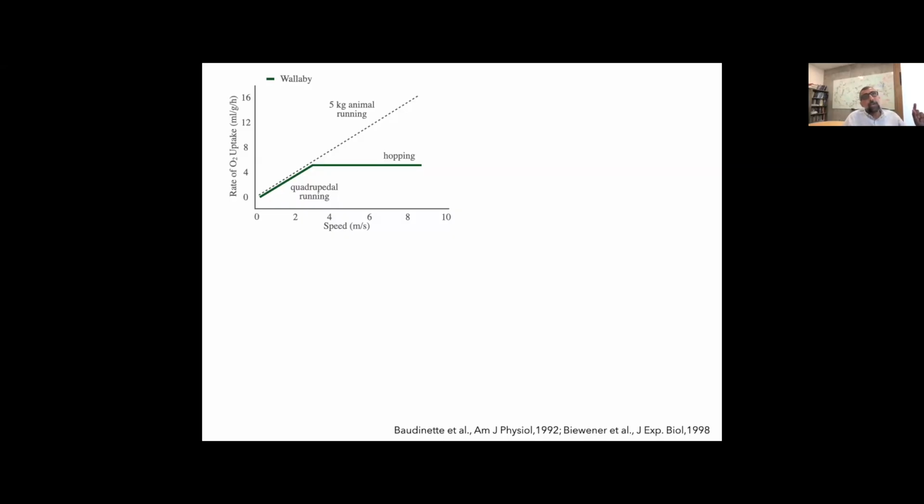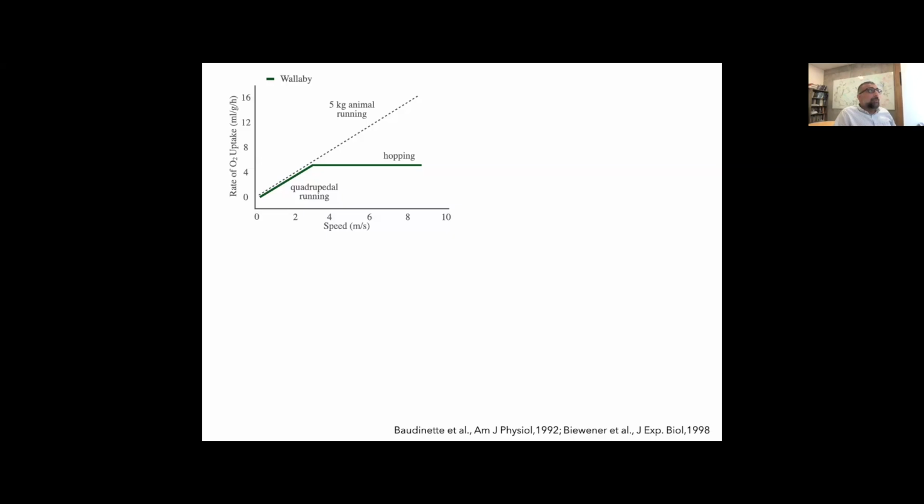And as a result, we're either having to utilize more expensive muscle fibers or have our fibers contract more rapidly to accommodate that shorter stance period. That's a well-established pattern that had existed in the literature.